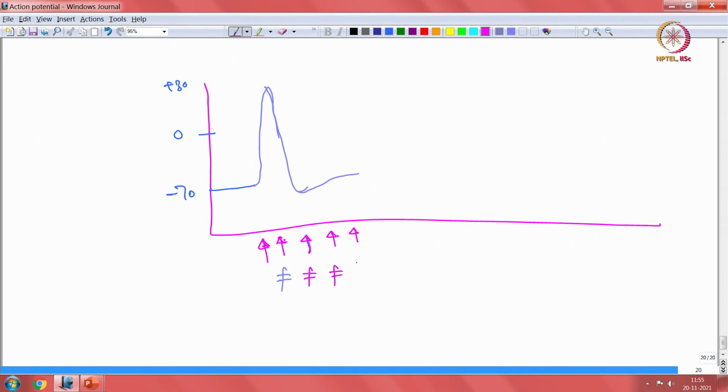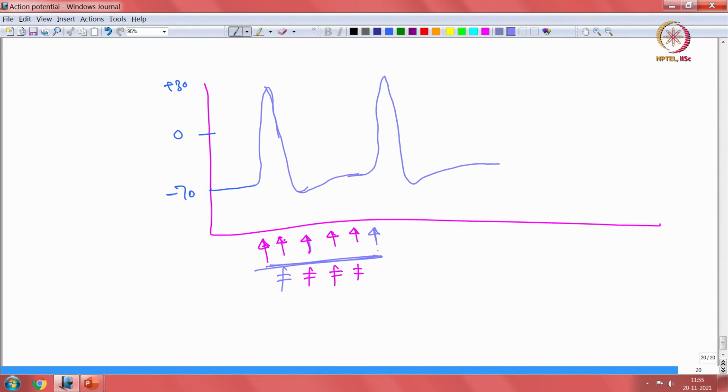There is something else which can happen over here, but I will not include it in this current discussion. So, after the membrane potential has reached back to normal and you apply a stimulus, the action potential is generated again.